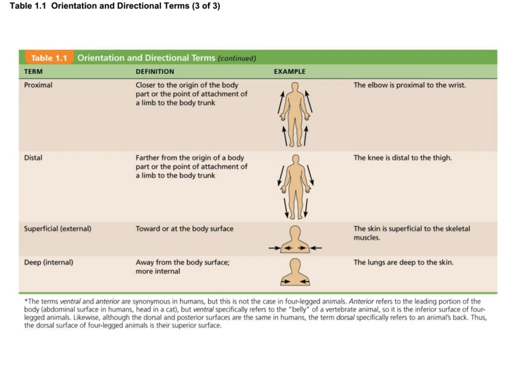So let's just reverse the one we were looking at. My wrist is distal to my elbow because my wrist is a further distance away from the point of attachment for the upper limb than my elbow. We could also say the knee is distal to the thigh because the knee is further away from the hip, which is the point of attachment for the lower limb, than the thigh region is.